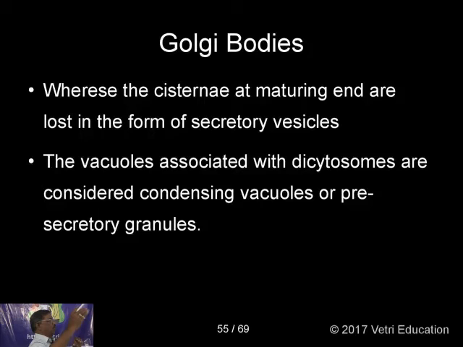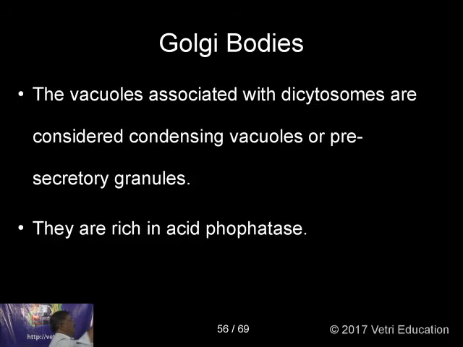They are removed and form secretory vesicles. The vacuoles associated with the dictyosomes are considered condensing vacuoles, which are pre-secretory granules, and they are rich in acid phosphatase. This is a very important thing.